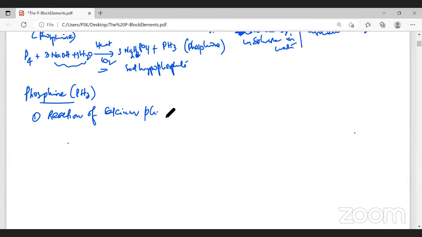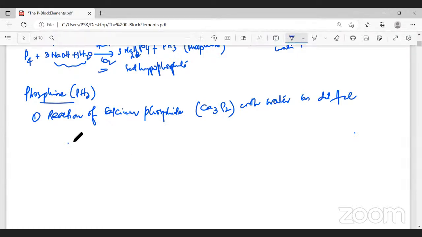Calcium phosphide, Ca3P2, with water or dilute HCl. When calcium phosphide is treated with water or dilute HCl, phosphine is formed.